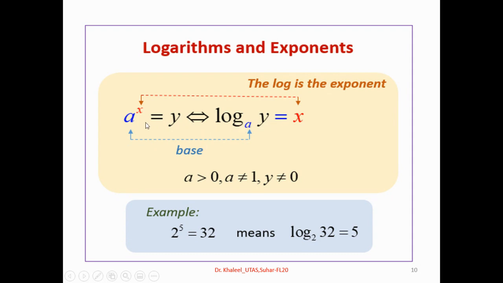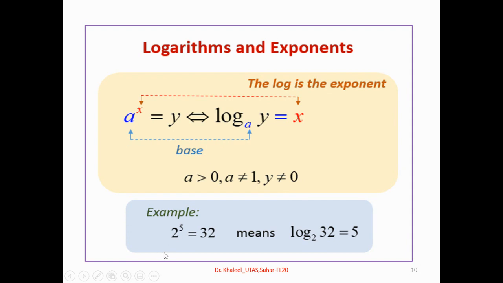That means I go from here to here like this, and if I want to come back, I can go the opposite way. But in these two cases, don't forget the base a is positive, not equal to 1, and y cannot be 0.